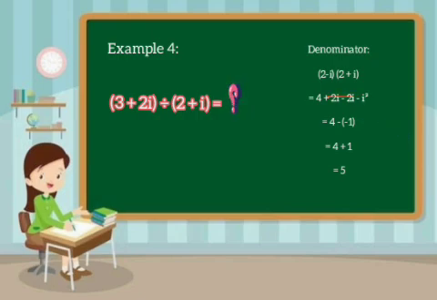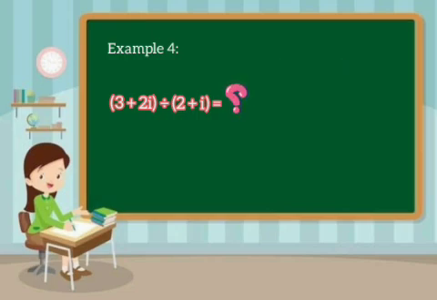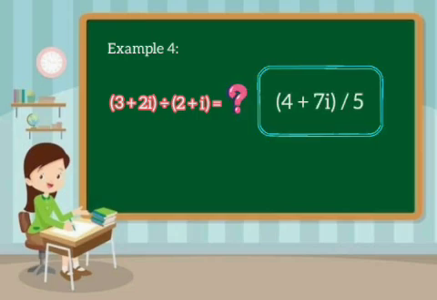Now we are left with 4 minus negative 1. So we have 4 plus 1 equals 5. Now let's combine the 4 plus 7i from the numerator and 5 from the denominator. Thus, the division result is 4 plus 7i over 5.